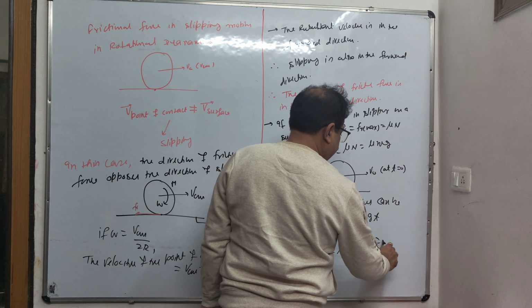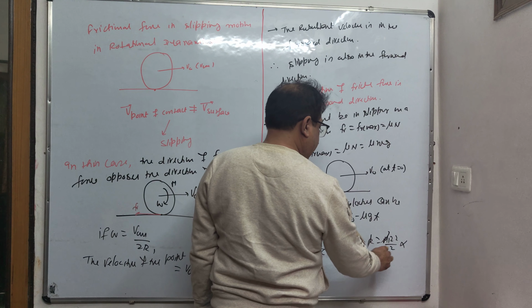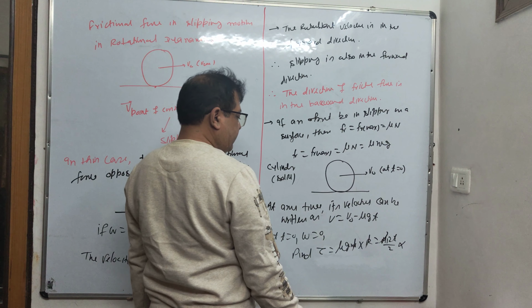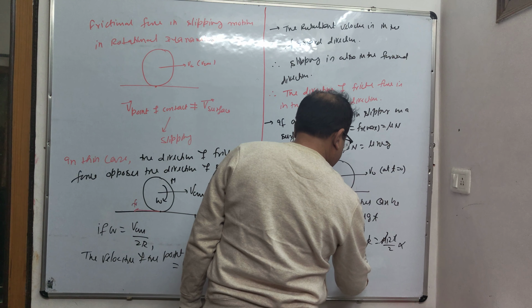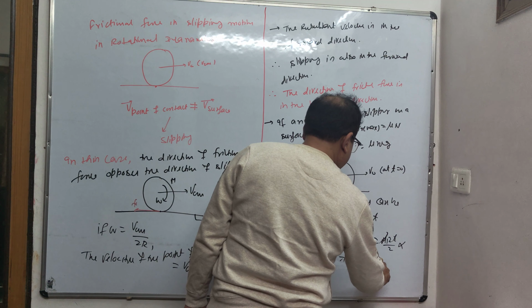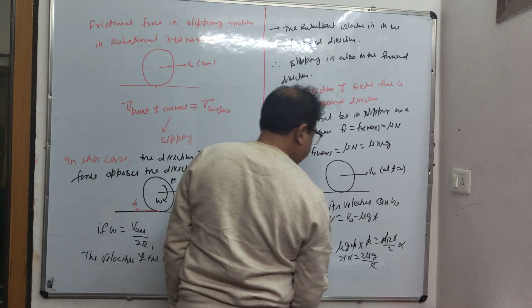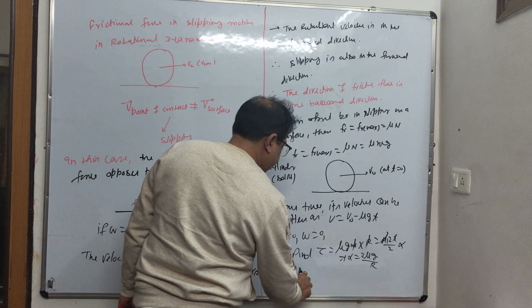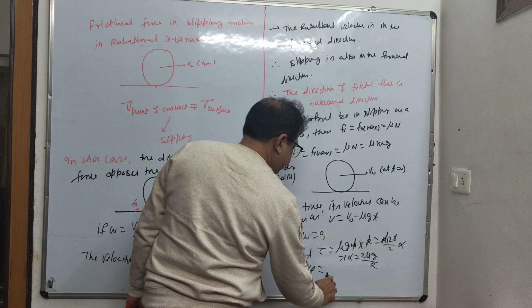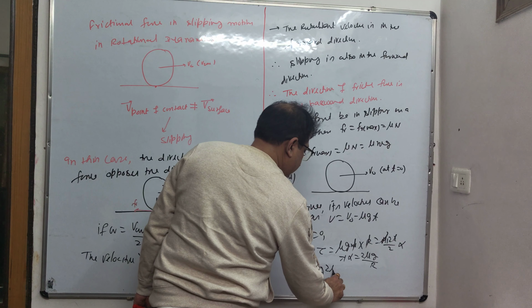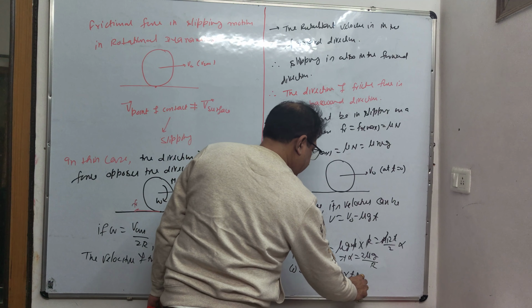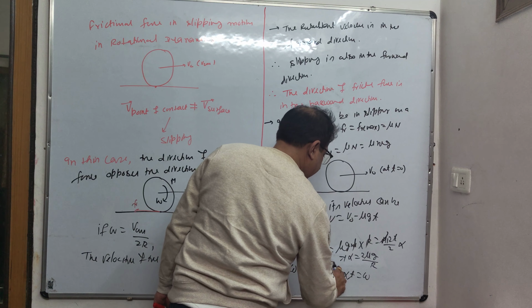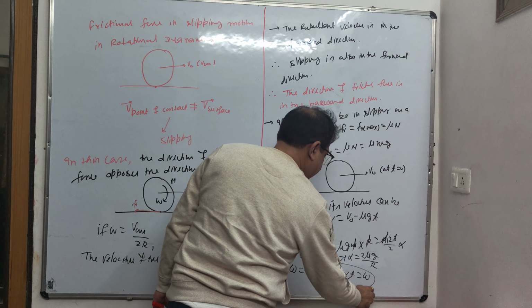So m gets cancelled, one r gets cancelled. So you can get the value: alpha is equal to 2 mu g by r. So omega is equal to alpha t, so this is equal to 2 mu g by r into t. This is your omega at any time.